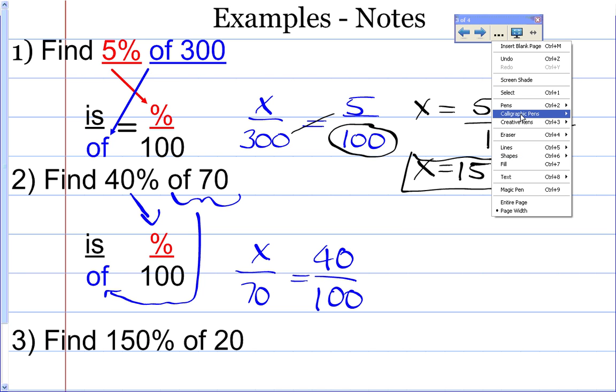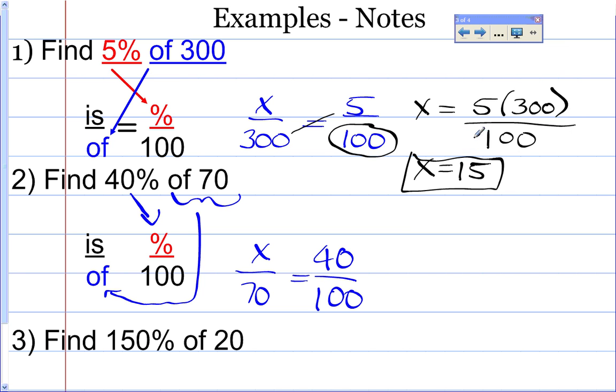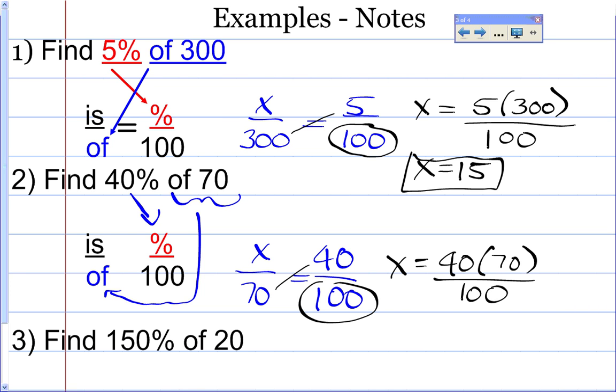Now we just have a proportion to solve again. Multiply, divide. So x is equal to 40 times 70 divided by 100. X is equal to 28. So 28 is 40% of 70.